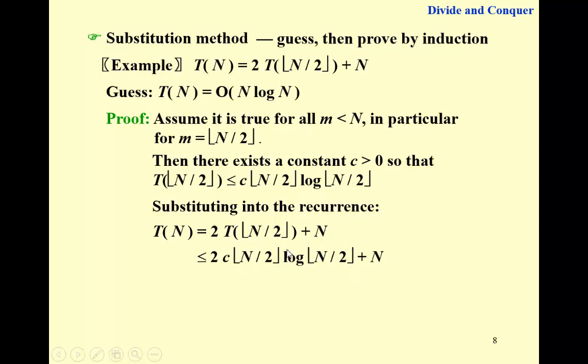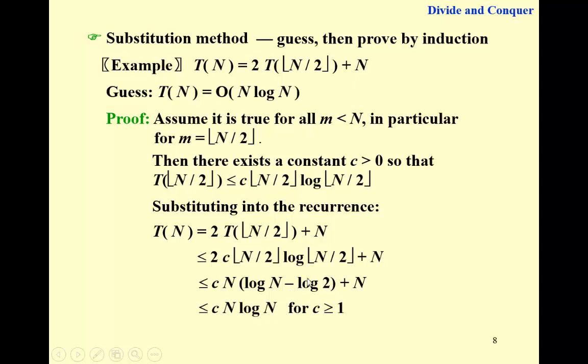And once these are removed, we obtain something like c times n, and these two are cancelled out, times log of half of n, which is equivalent to log of n minus log 2, right? And plus this n. So we have c n log n minus something.